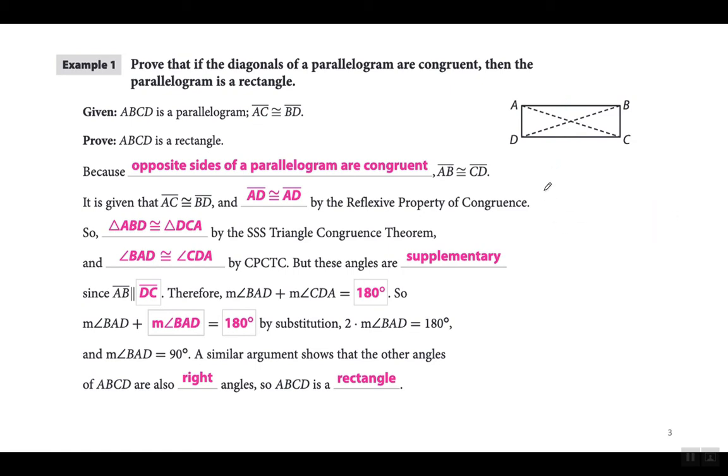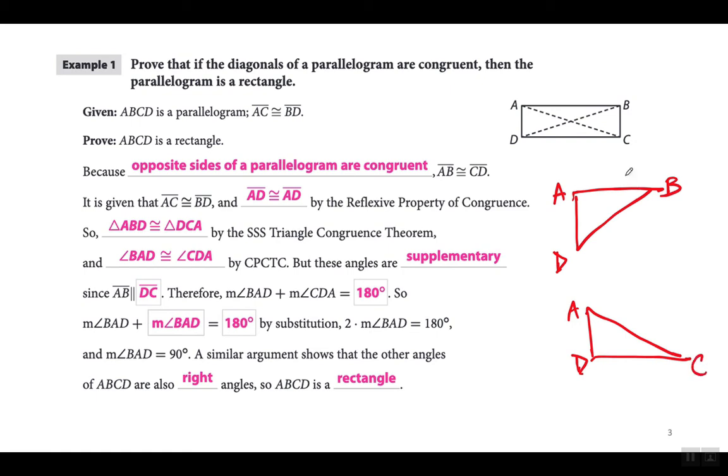Actually, I'm sorry. Let me do the top part first. They're looking at this part, which is ADB, as well as this part, which is ADC.